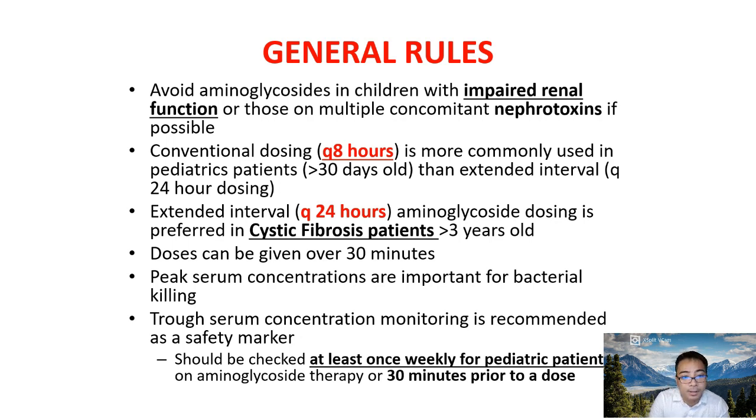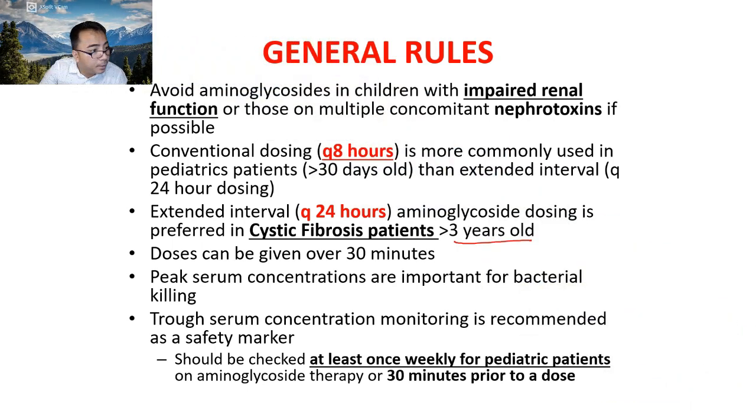For those greater than 30 days old, extended interval. Extended interval Q24 aminoglycoside dosing is preferred in cystic fibrosis patients who are more than 3 years old, and doses can be given over 30 minutes.